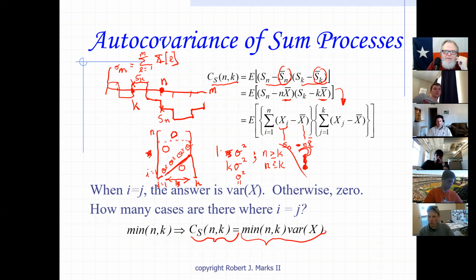So I goofed it here. That should be k, and otherwise, it should be n. So I made a mistake there. Yeah, if k is less than n, we have just k of these sigma squared along the diagonal. And so that's the reason you get the minimum of n and k down here. Sorry for that mistake.